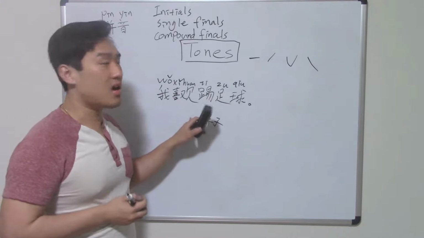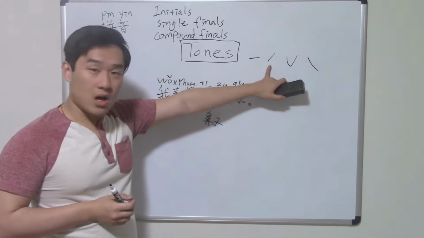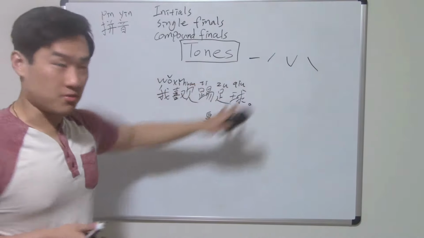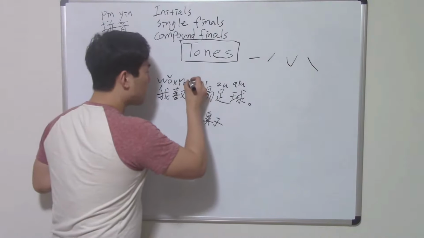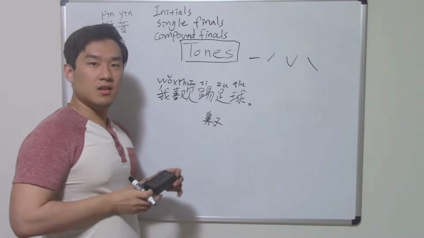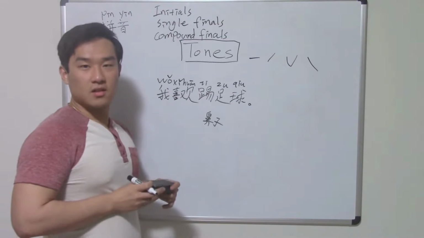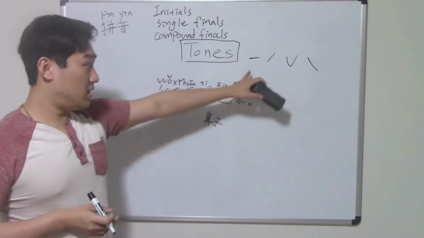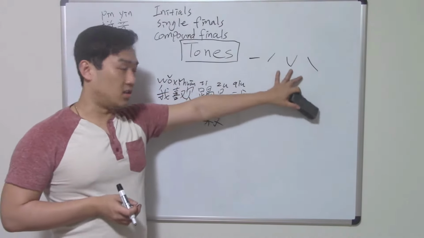Which sound is that? 欢. So it's gonna be the first one here. Okay? 欢. And then this word right here, 踢足球. Which sound would that be? 踢.